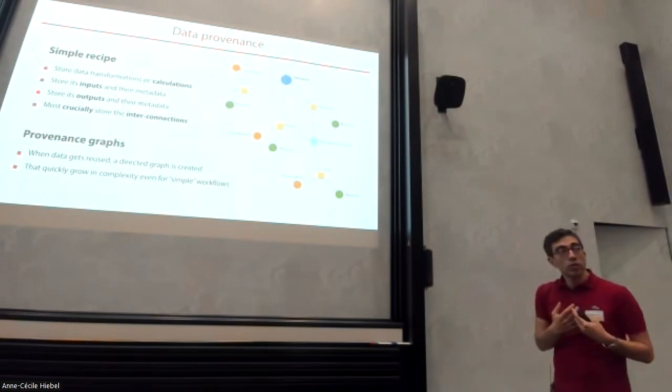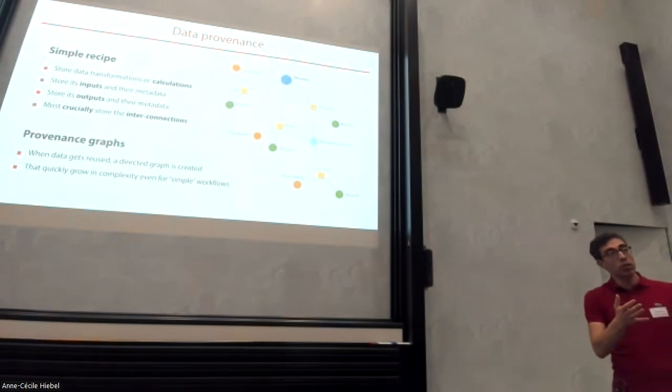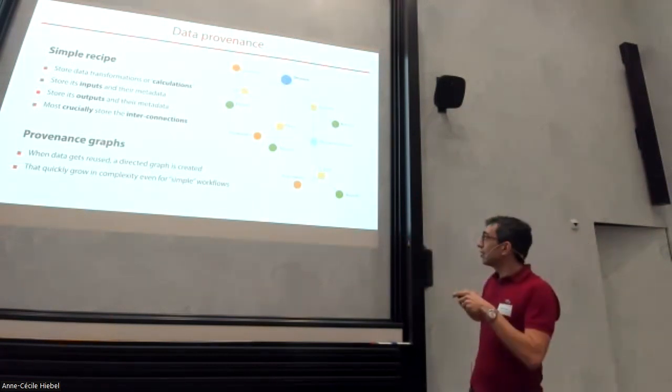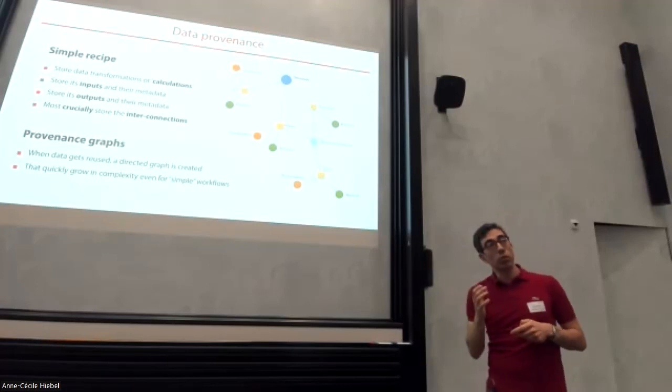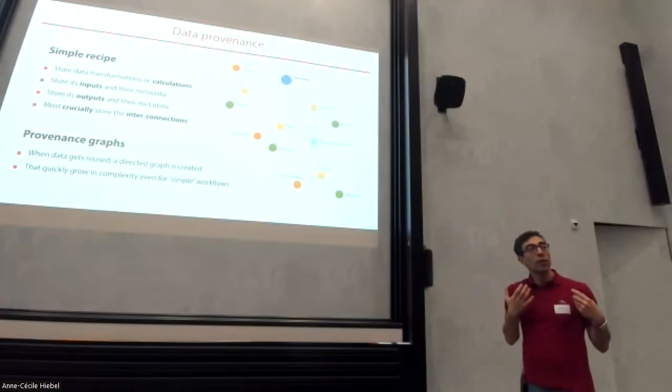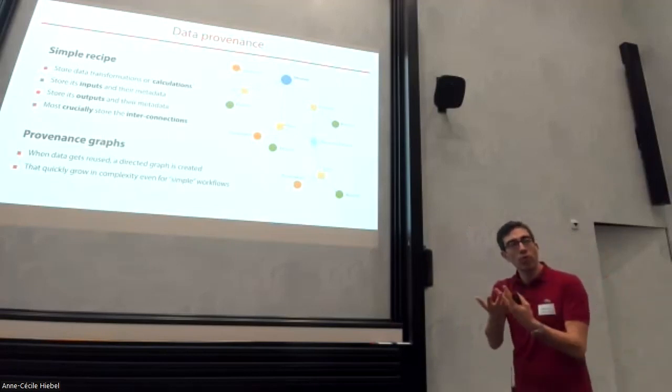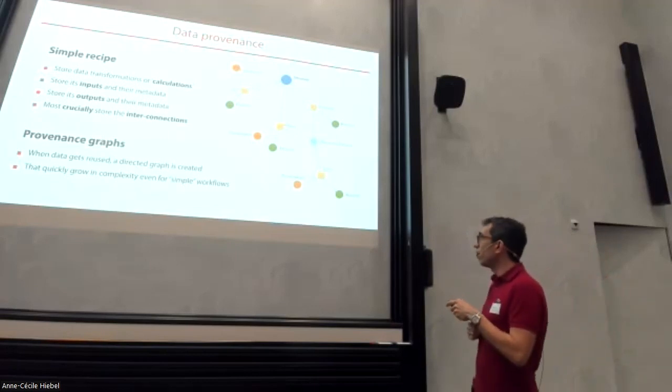And what I'm trying to convince you of here is that if, when you run your simulation, you also store this kind of metadata, not only the single inputs and outputs of each calculation but also the full interconnection of them, you end up with something which essentially already encodes all the provenance, so a history of your data. You have a published result. You can go back in the graph.